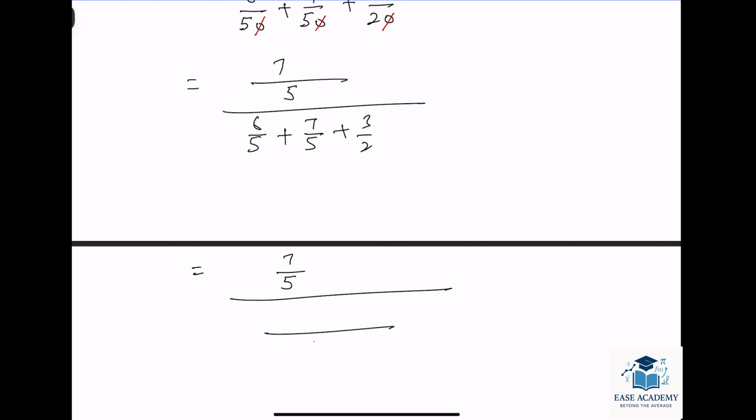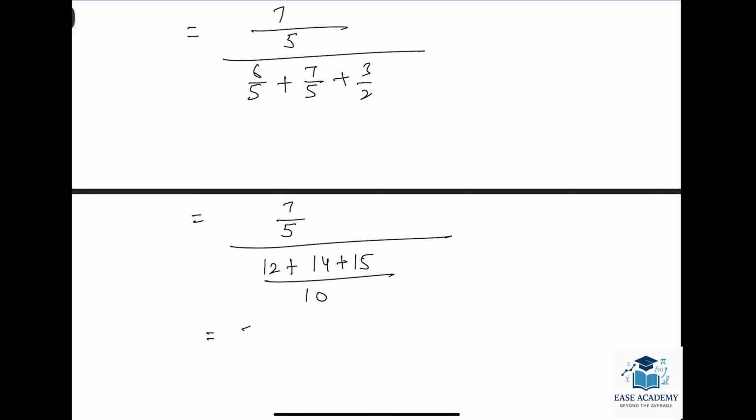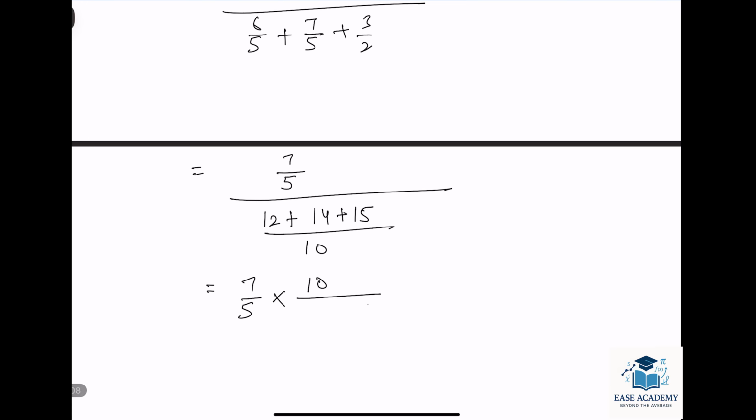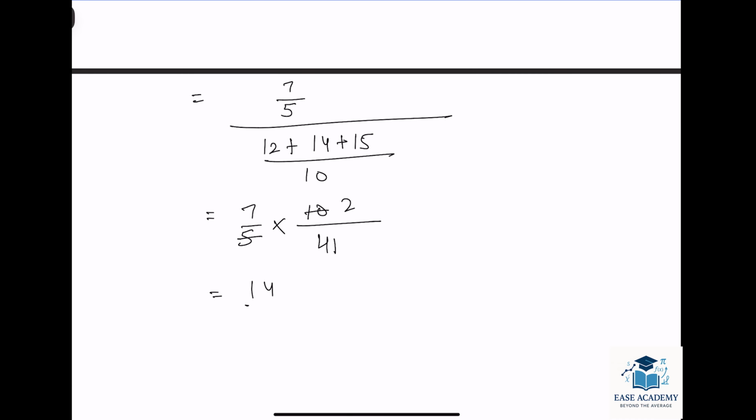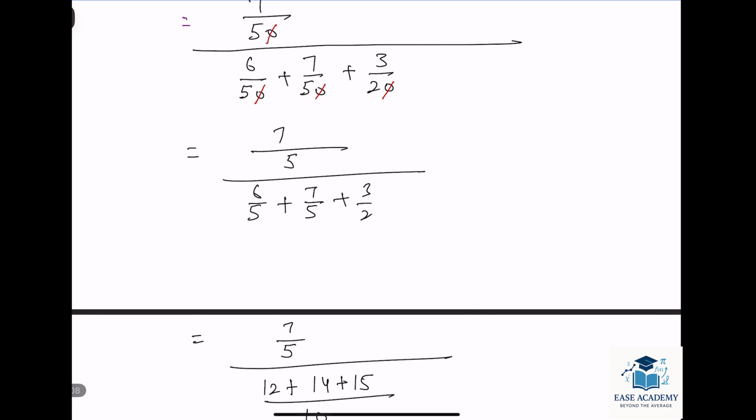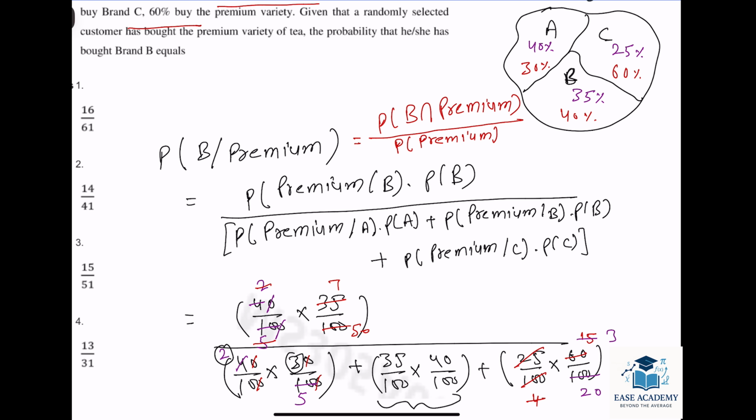The LCM will be 100, so this becomes 14, 12, and 15. The numerator is 14 and the denominator is 14 plus 12 plus 15, which is 41. So this is 14 by 41. So this is the final answer. 14 by 41 is the final answer.